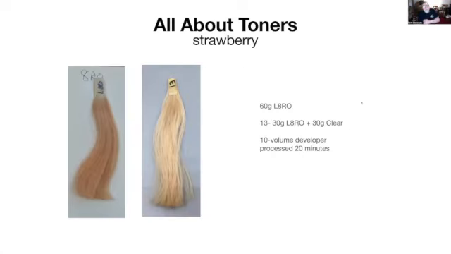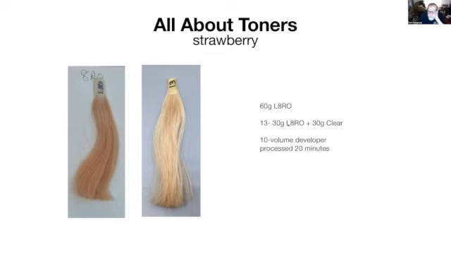Here I took liquid 8RO and mixed it with equal parts of clear. You can clearly see that it's still a strawberry color, but it's much lighter looking because now it's become a 10RO.